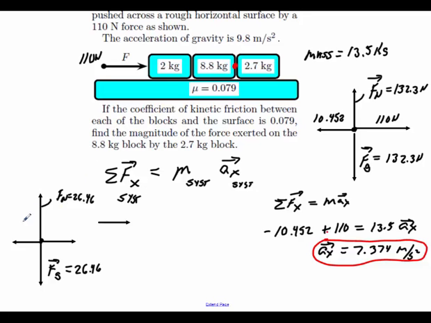Gives me a value of 2.090. Now this is going to be the force that the 8.8 is pushing on the 2.7, and this is going to be your mass times acceleration. Again, this is not part of the force diagram. I just like to put it off to the side, and we know what the acceleration is.